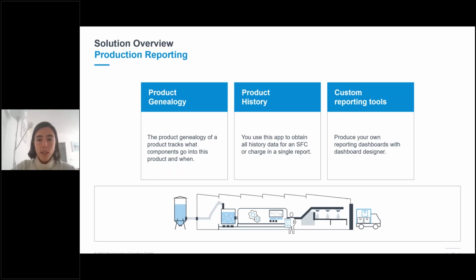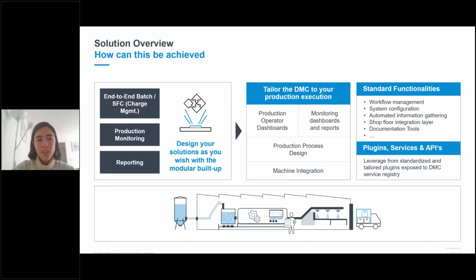This is not only for KPIs, but we can also create custom reports with some transactional data to, for example, create a report with all my non-conformances and so on.